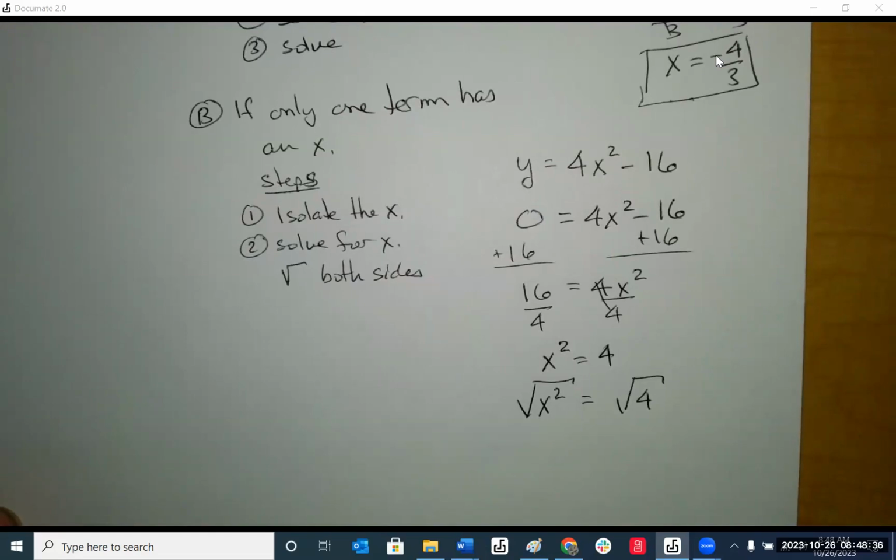What am I missing? I'm missing something in this last step. Whenever you square root something squared, always put a plus and minus in front of the answer.